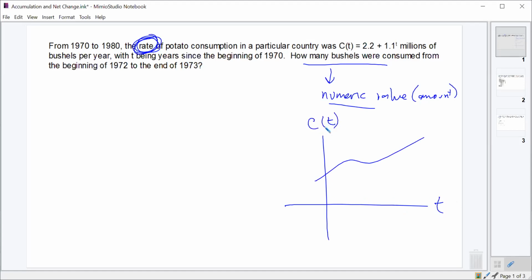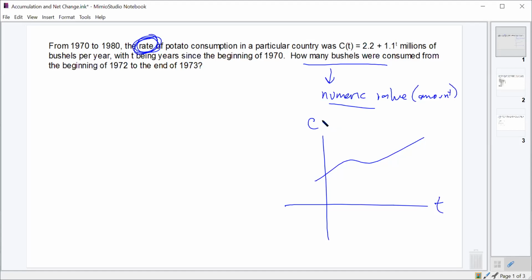C of t is the y value, t is the x value in our coordinate plane. In fact, we could just call it C. Either way, it doesn't matter.